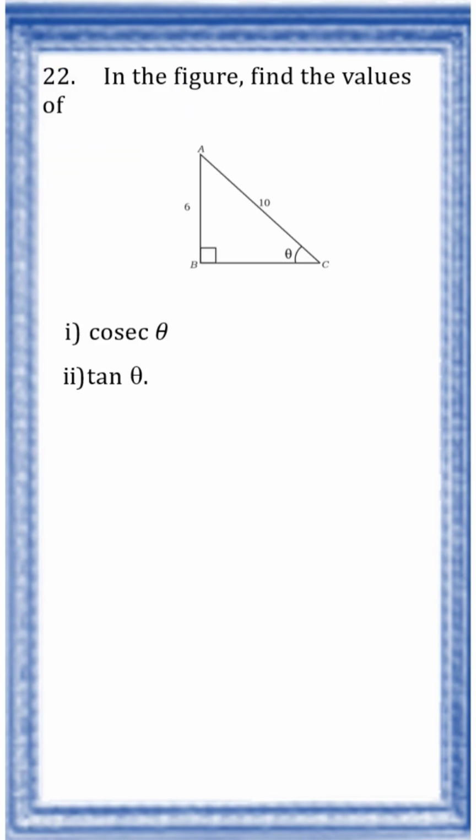In the figure, find the values of cosecant theta and tan theta. It is easy, isn't it? Very easy question. But to find tan theta, it is a little bit confusing. I will explain it clearly. Cosecant theta, what is it? It is the reciprocal ratio of sine.